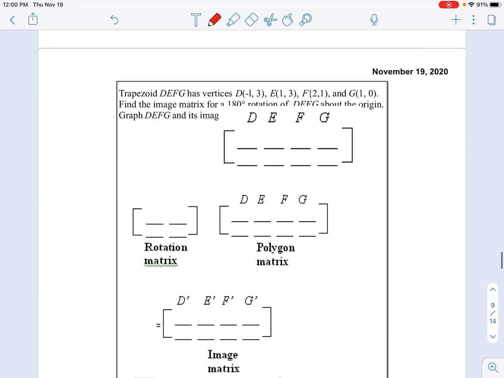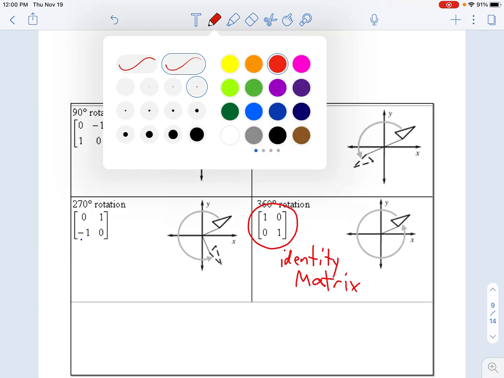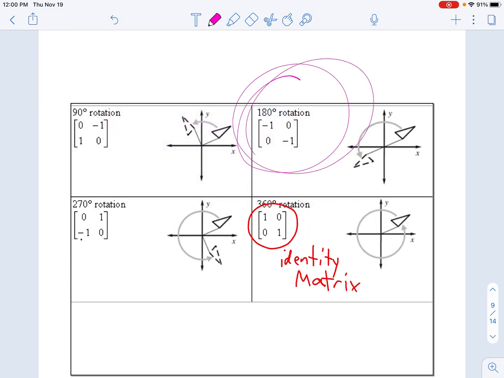So it says your trapezoid here, D was (-1, 3), E is (1, 3), F is (2, 1), G is (1, 0). It says find your image matrix for a 180-degree rotation. So we take our polygon matrix, and then we have our rotation matrix. If we go 180 degrees, if I scroll up, here's the one we want to use.